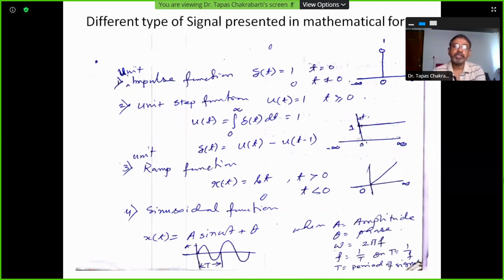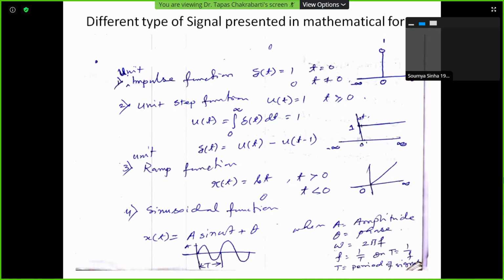The slope starts from 0, while t is 0, and up to infinity the value of the slope is always 1. That is called the unit ramp function. Clear? Yes, sir.